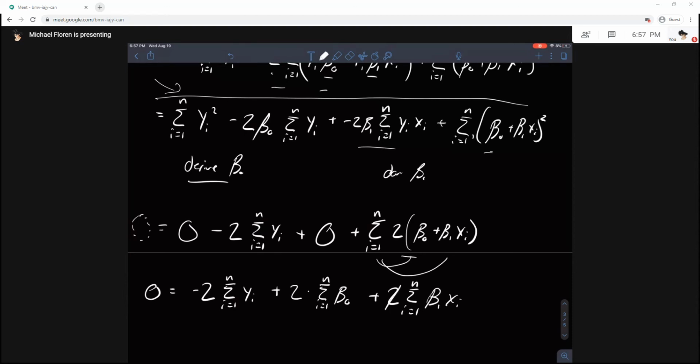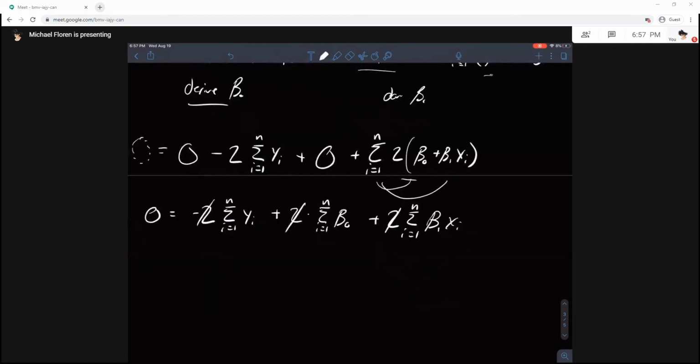Now all these 2's can cancel out, so we just divide everything by 2. Then we can go on and add this to the other side. This is the only negative one, so we end up with the sum of i equals 1 to n of y sub i equals.